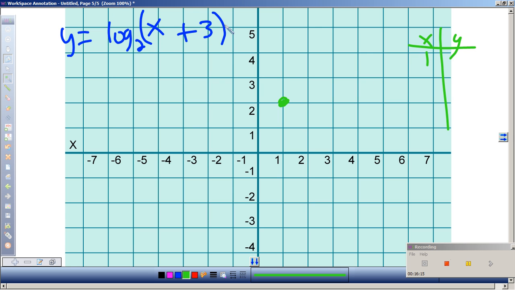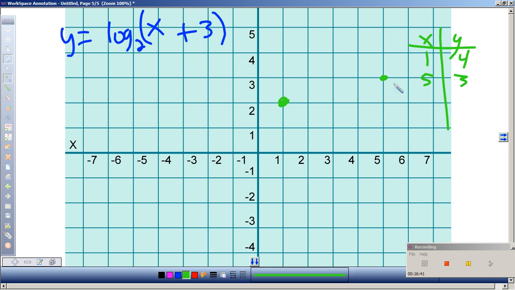And 2 raised to what power is 4? 2. What would be another convenient number to plug in? 2 plus 3? 5. 5 is probably a good number. 5 plus 3 is 8. 2 raised to what power is 8? So at 5, we should be at 3.